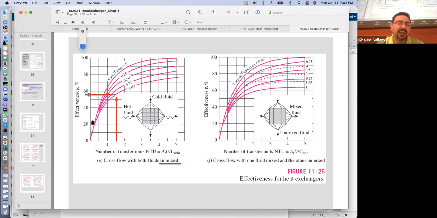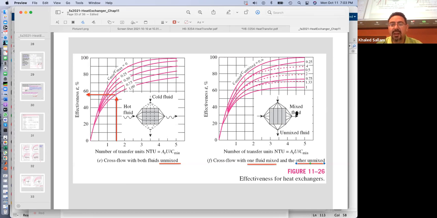The confusing part is this. I guess to save on graphs, they tell you one fluid is mixed and the other is unmixed.